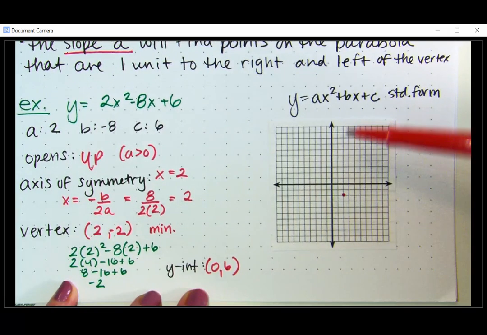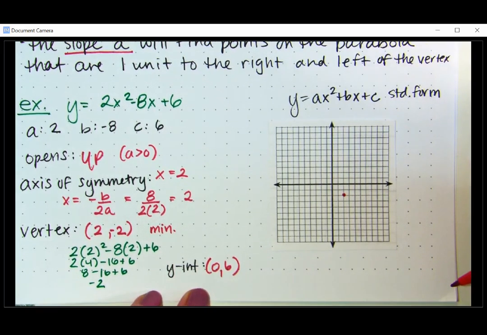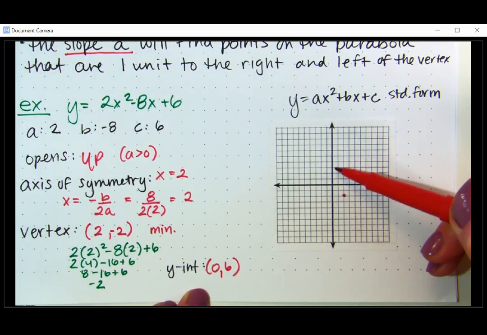My axis of symmetry I know is going to be on this line, right? So whatever happens on the right is going to also happen to the left. My y-intercept is 0, 6. So if I look, I go 0, 6.